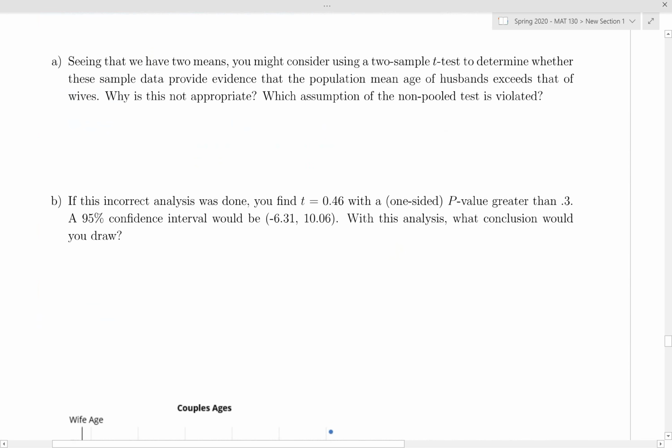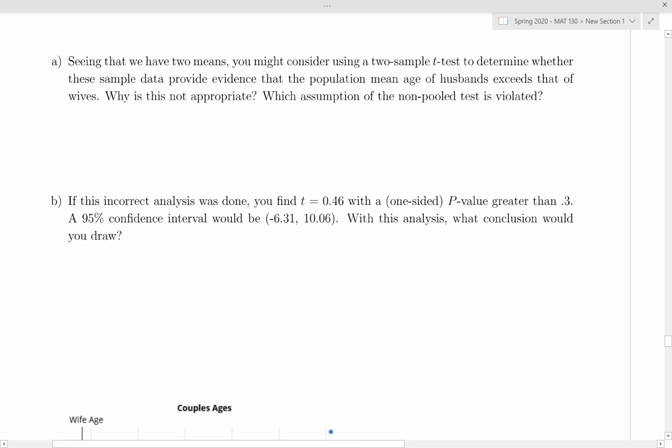The first one is that we have two means here, and we already know the two-sample pooled t-test. So we might want to consider using this t-test to determine whether these sample data provide evidence that the population mean age of husbands exceeds that of wives. Why is that not appropriate?